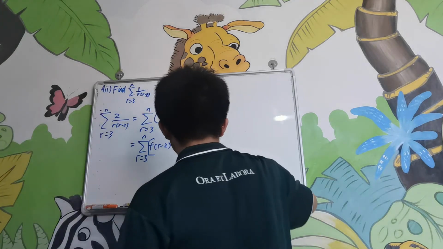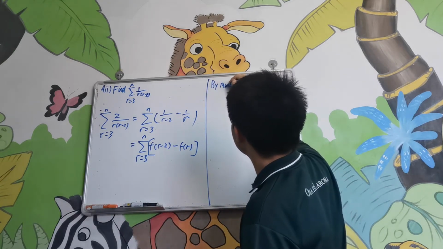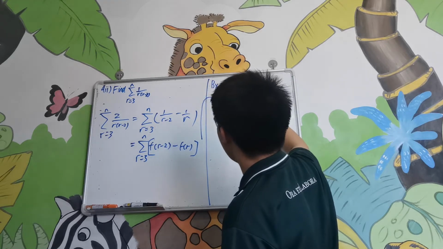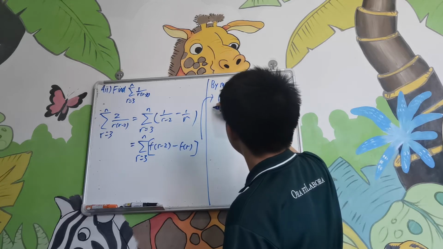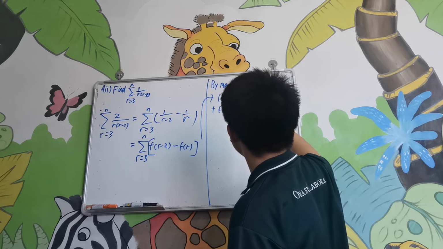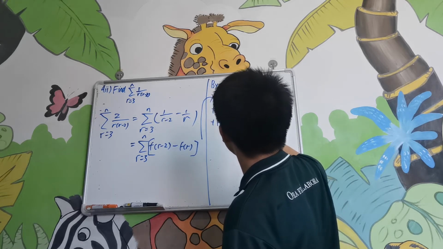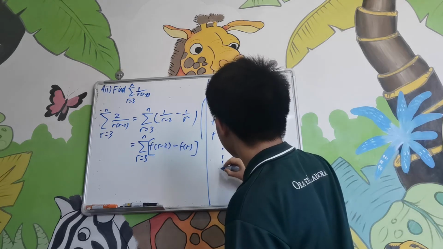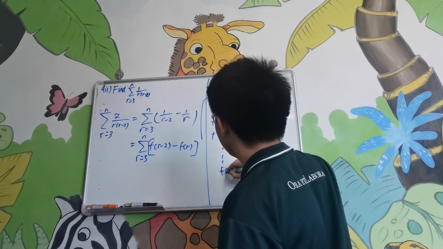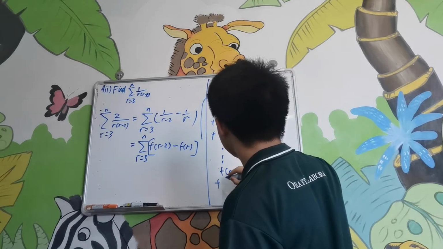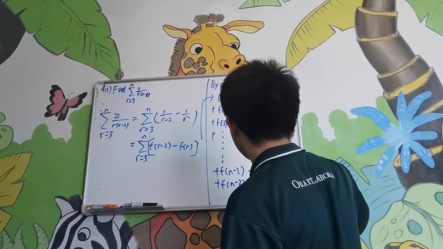Doing your MOD, you will get f1 minus f3 plus f2 minus f4 plus f3 minus f5 plus ... f(n minus 3) minus f(n minus 1) plus f(n minus 2) minus f(n).